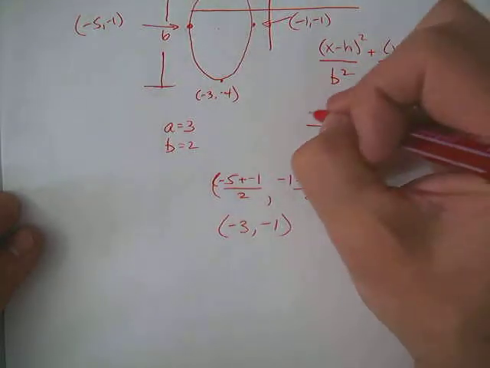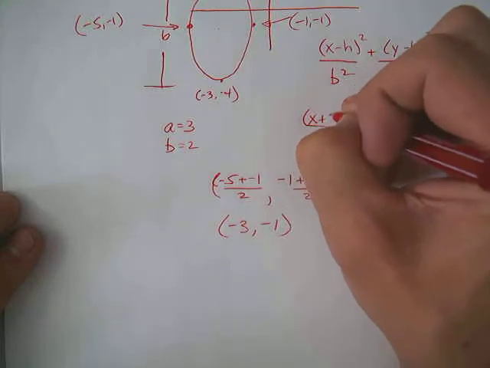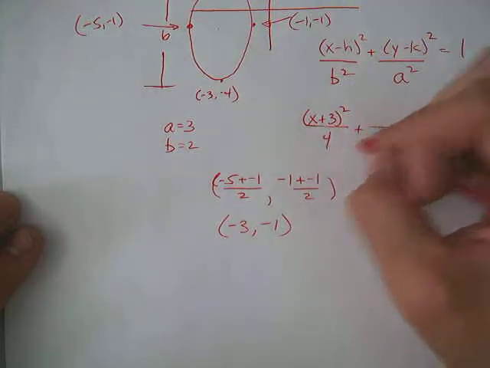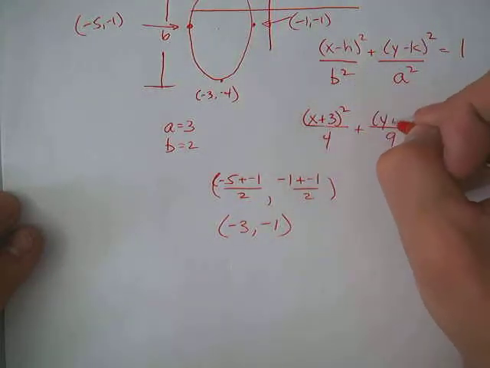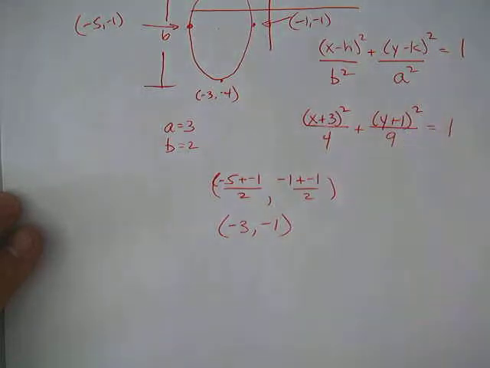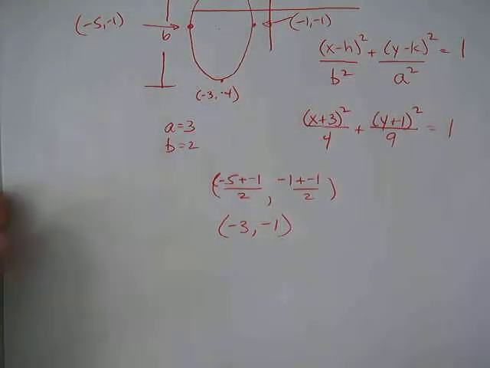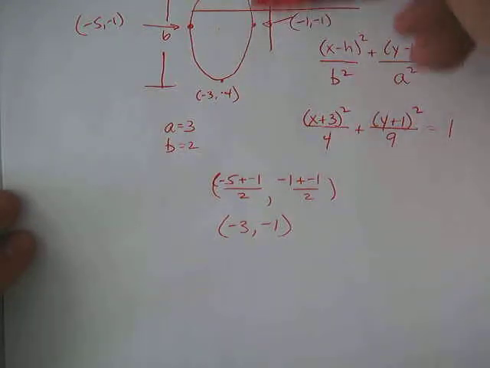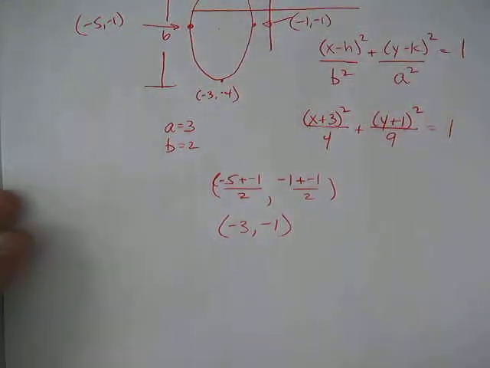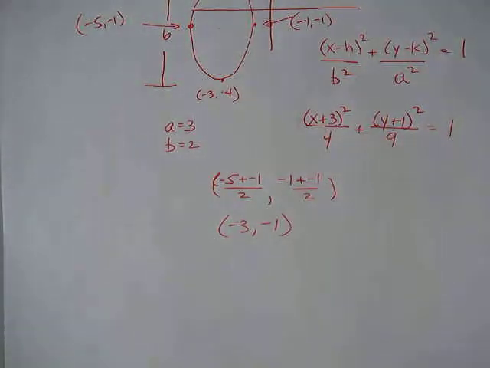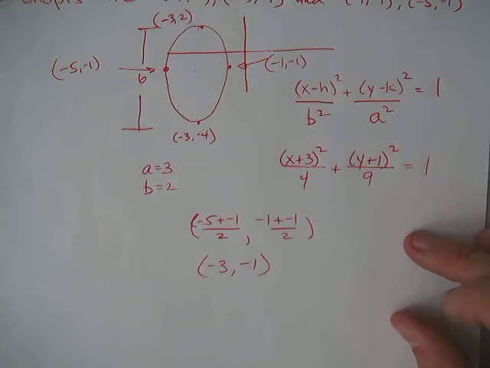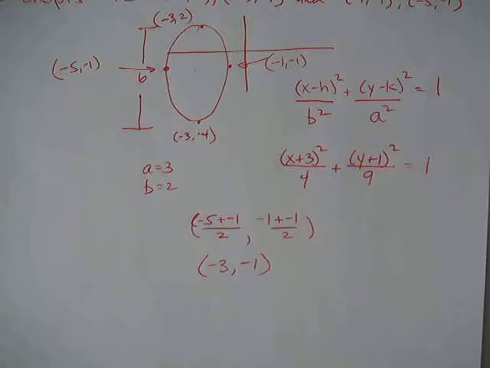So that's -6 divided by 2, which is -3. -2 divided by 2 is -1. So that's my center. So my equation is (x + 3)² over 4 plus (y + 1)² over 9. And there you go. Again, notice that the larger value is underneath the y, so my ellipse is a vertical ellipse.